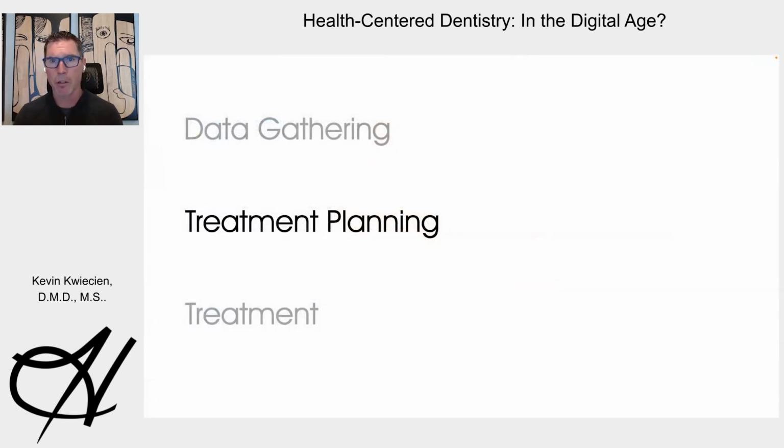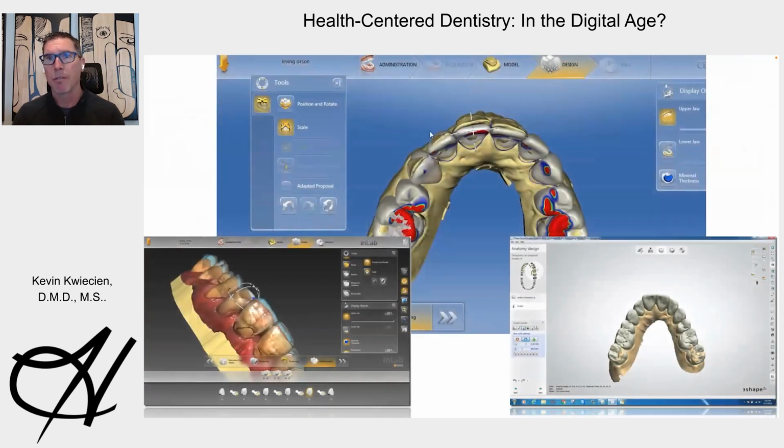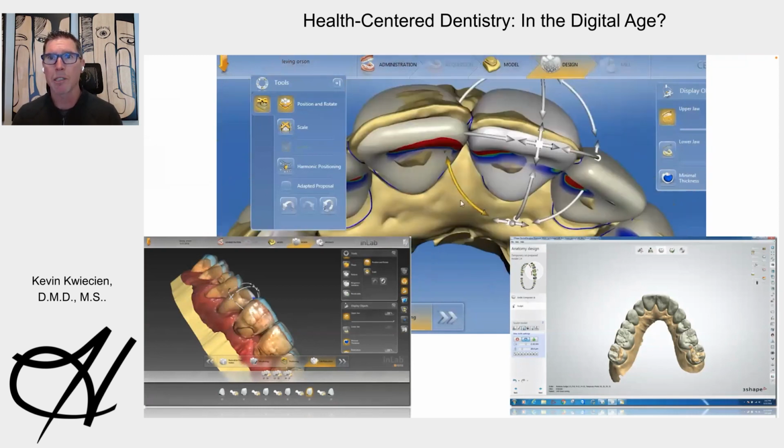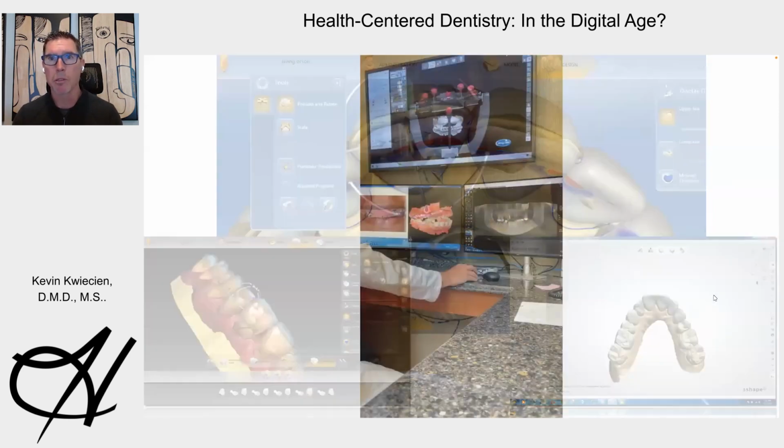As far as treatment planning goes, what I get excited about all the time is some of us, most of us, honestly, if we're going to be honest, really don't like using wax. Treatment planning with wax, we leave that to the ceramists, and we all hated it in dental school. However, maybe if we could use our mouse to wax instead of actual wax, maybe we would be more involved in it and have more predictable outcomes.